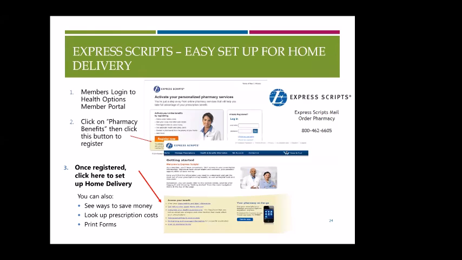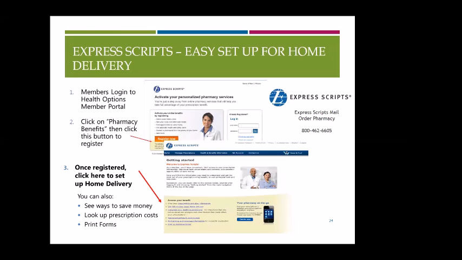Within the member portal, our members can set up easy home delivery. Express Scripts will be your mechanism to set up that easy home delivery, and we've included a snapshot of how to do that. So members will log into the Health Options member portal that we discussed previously. You'll then click on Pharmacy Benefits, and then click the orange button that says Register Now, and that's how you will be able to register.